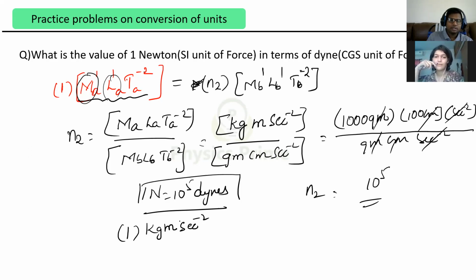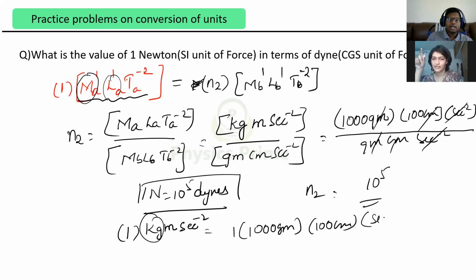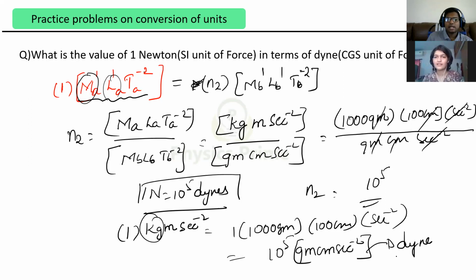Now kg is 1000 grams, meter is 100 centimeters. I am converting into CGS units here. Second inverse 2, second is second only. Then I will get 10 power 5 gram centimeter second inverse 2. What is gram centimeter second inverse 2? It is a CGS unit. It is the dyne. Okay, you got it? This is clear for you.